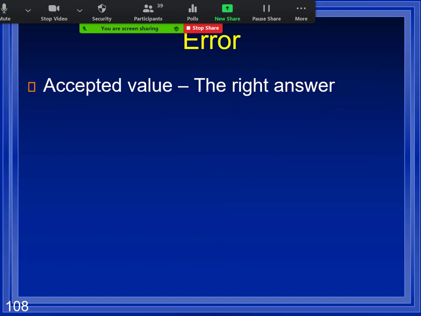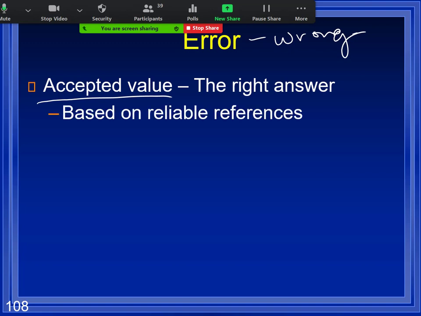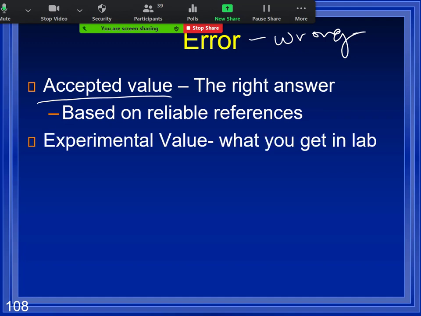Error is a scientific term that is how wrong you were. So you take the accepted value, the right answer based on reliable references. You looked it up in the book. And you got an experimental value, something you measured.